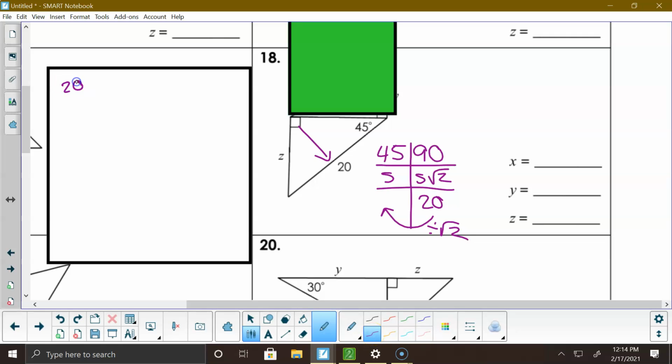So I've got 20 divided by root 2. What do I do with this? Root 2. Are you guys getting the point where you recognize that this denominator is the square root of 4, and then I can immediately make it a 2? And then what is 20 divided by 2? So I've got 10 root 2. This is 10 root 2, and that means z is 10 root 2.